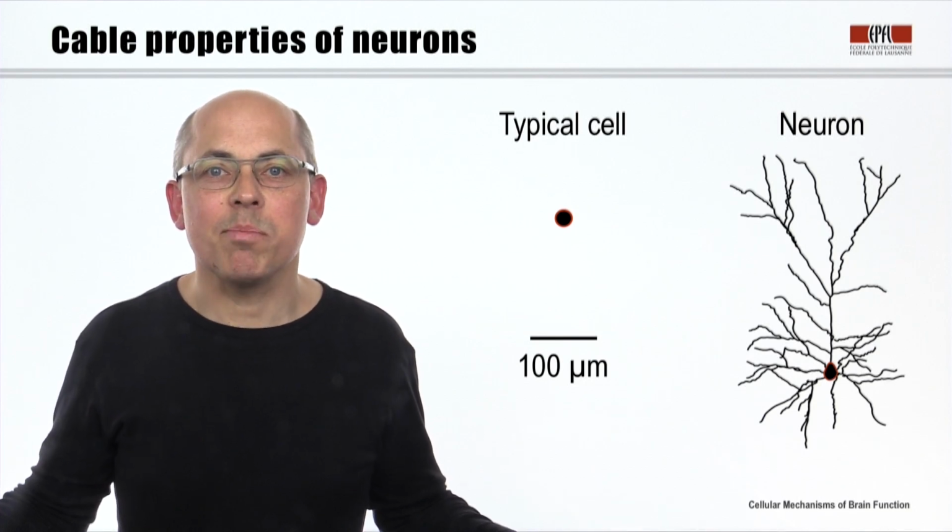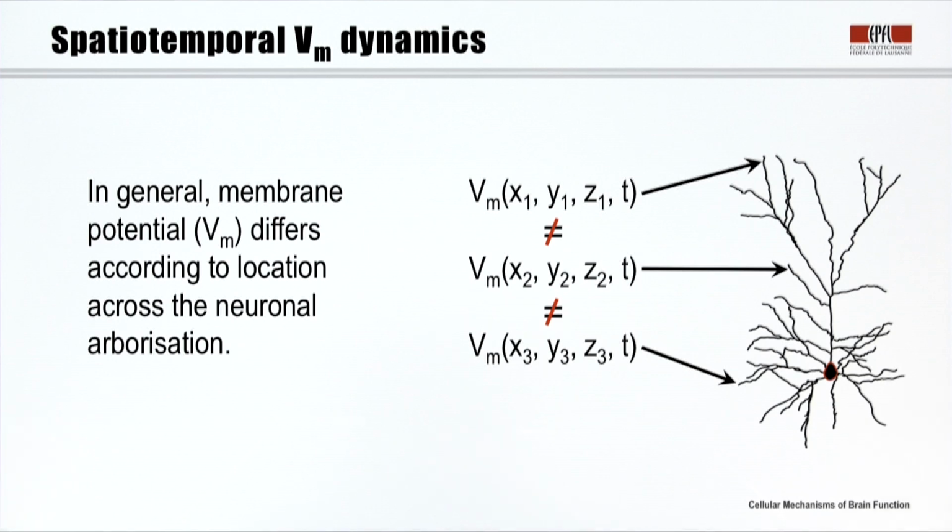These cables transmit and transform the electrical signals generated in one part of the neuron to other parts of the neuron. The most important point to realize is that the membrane potential at different locations across the neuronal arborization will be different. Membrane potential can fluctuate strongly in one part of a neuron and might make little impact upon other regions of the neuron.